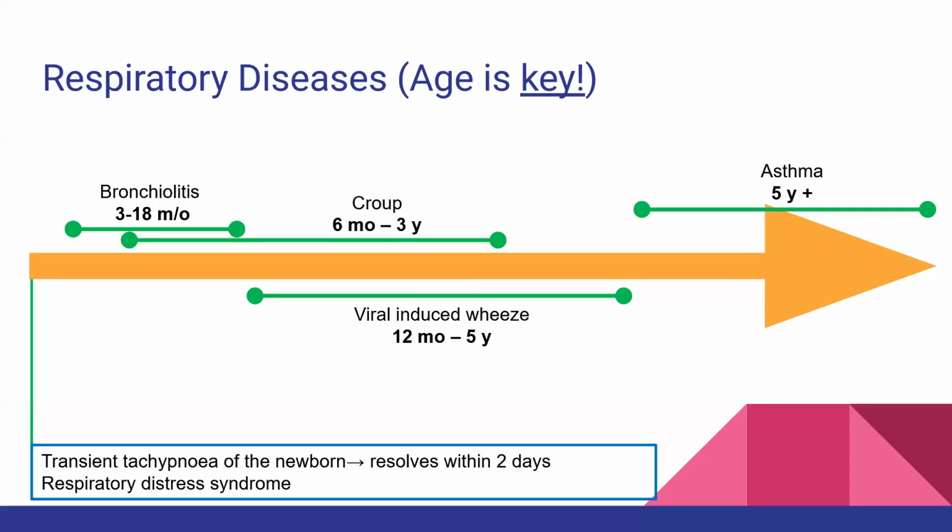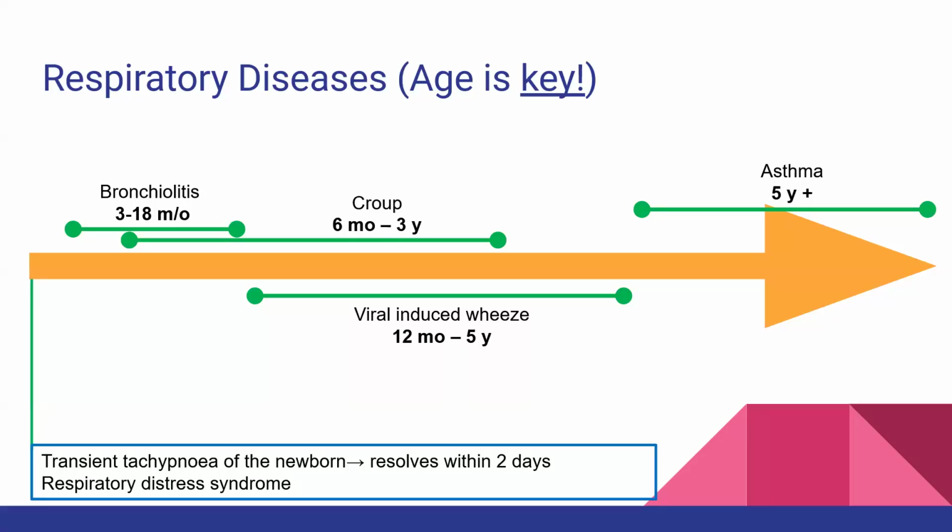Immediately when you read the vignette, the age is going to give you a lot of information about what you might expect. Obviously, these aren't hard and fast rules, but they start giving you an indication of what it might be. So we're going to talk about bronchiolitis, croup, asthma, and whooping cough.